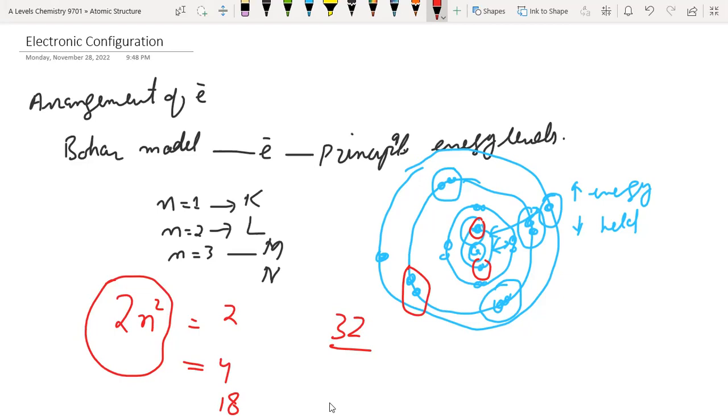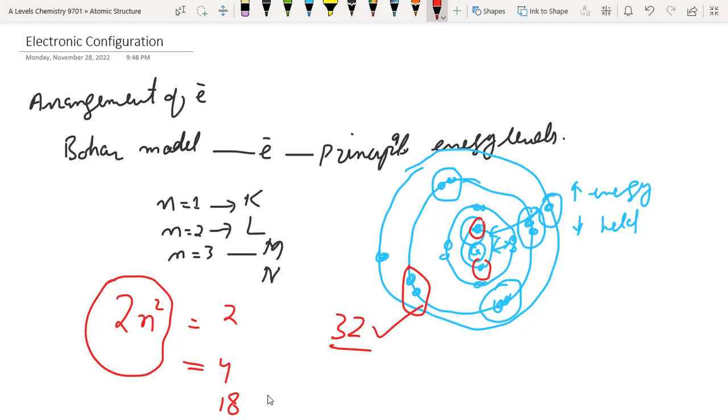It means the first shell can hold up to 2 electrons, the second shell can have up to 8 electrons, the third shell can have up to 18 electrons, and the fourth shell can have up to 32 electrons.